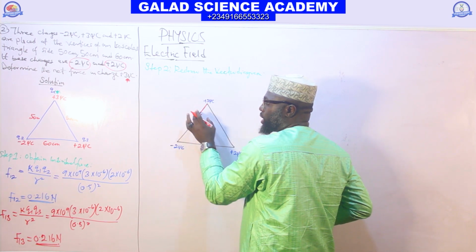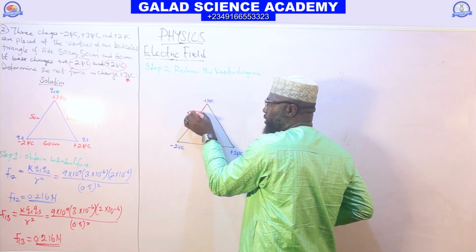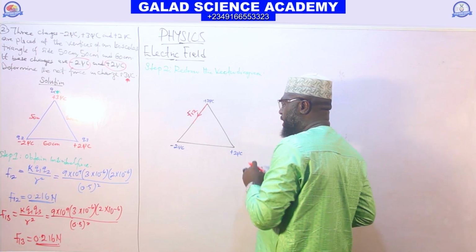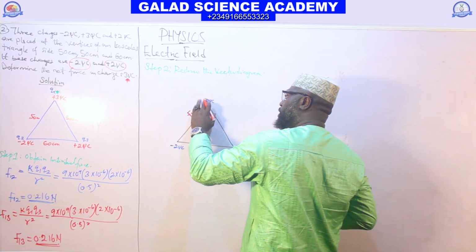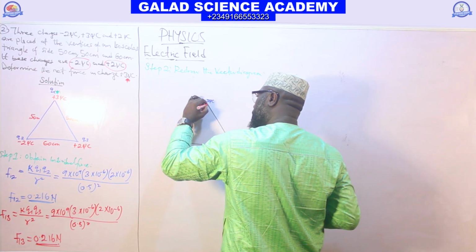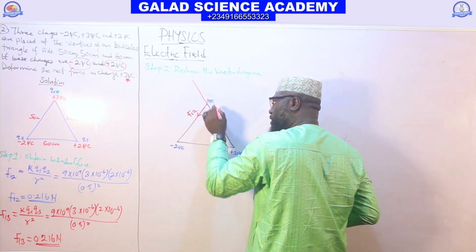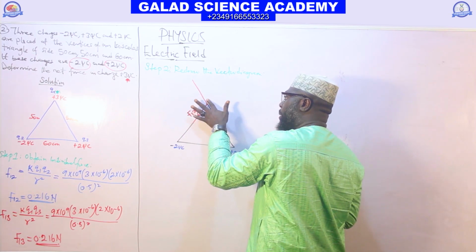If it goes here, it will be force F12. It will go like this. But for this charge here we have positive, here we have negative. So for this one, the force will go like this, because positive and positive, the two of them are positive.